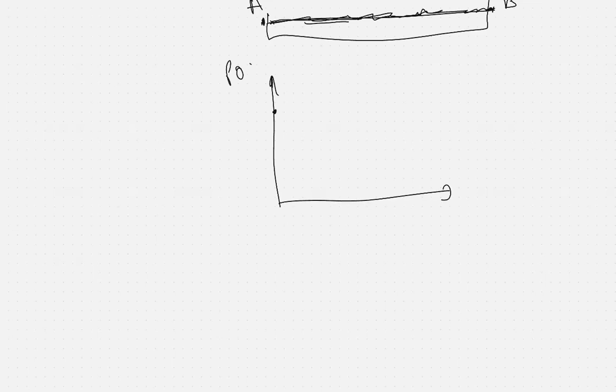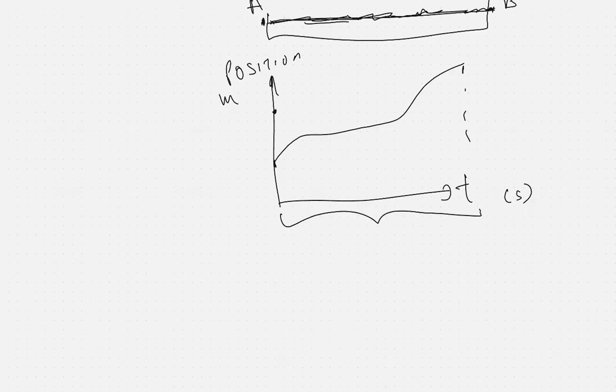If you're going like that, from here to here, the total distance over the total time, then you get the average speed.